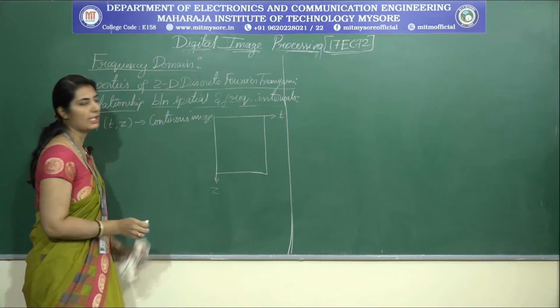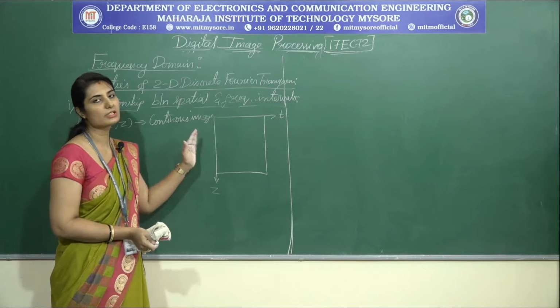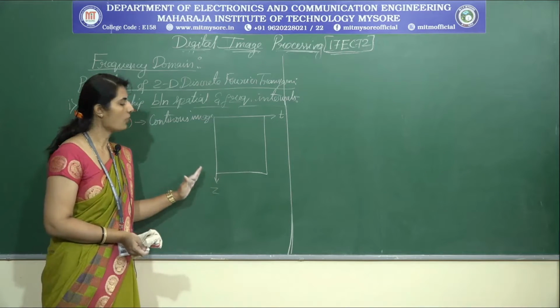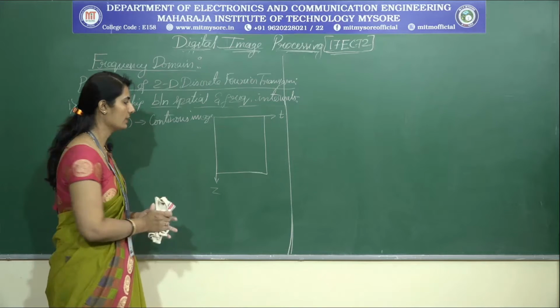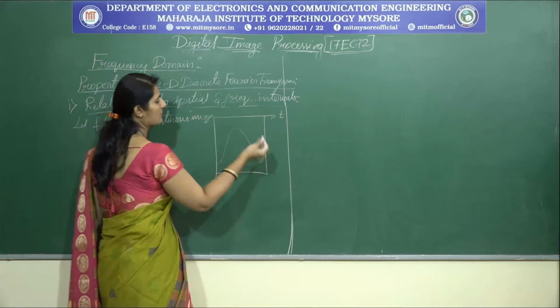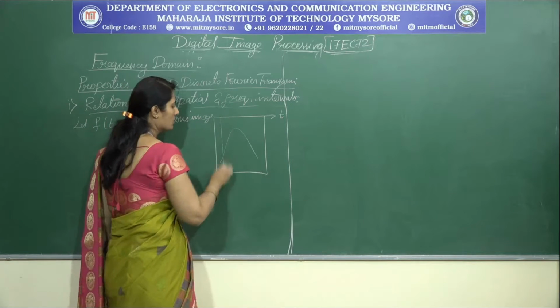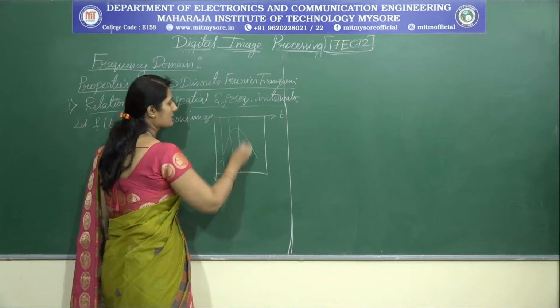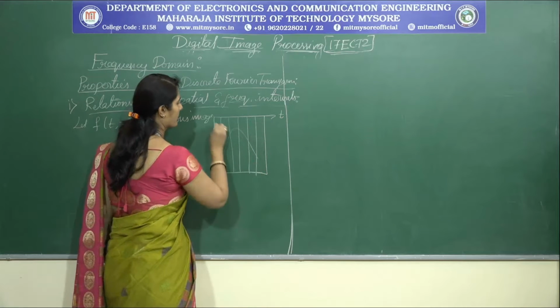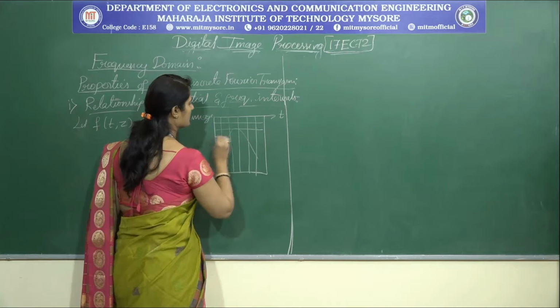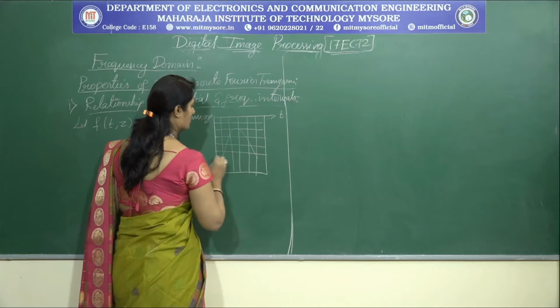Now I will convert this continuous image into digital form by performing sampling and quantization. So let us say that this is some continuous image, whatever might be the image. Now I am going to digitize this image by performing sampling and quantization.